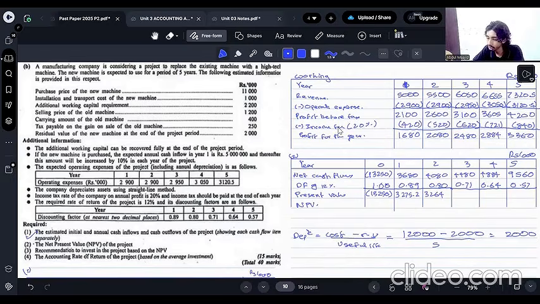Then year 3, 4,480 into 0.71, 3,180.8. Then for year 4, 4,884 into 0.64, that is 3,125.76. And for year 5, 9,560 multiplied by 0.757, that is 5,544.8.